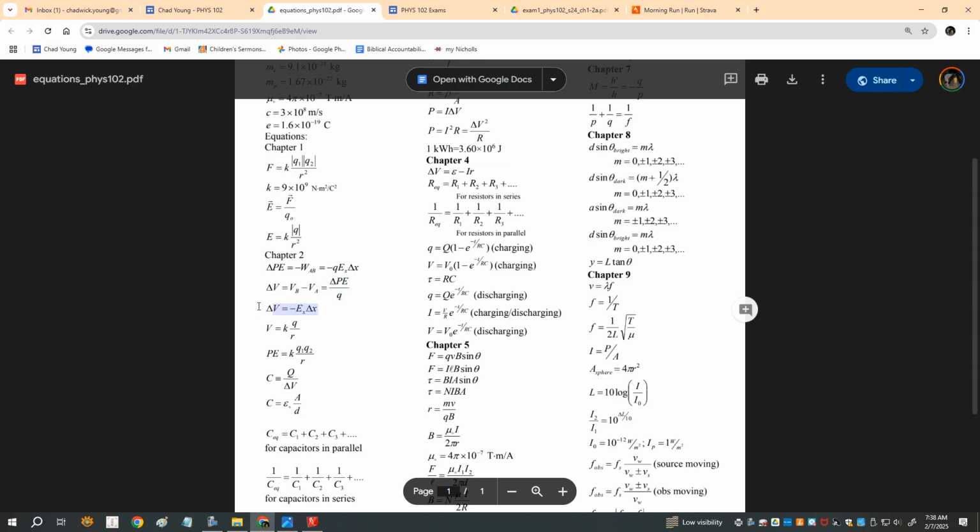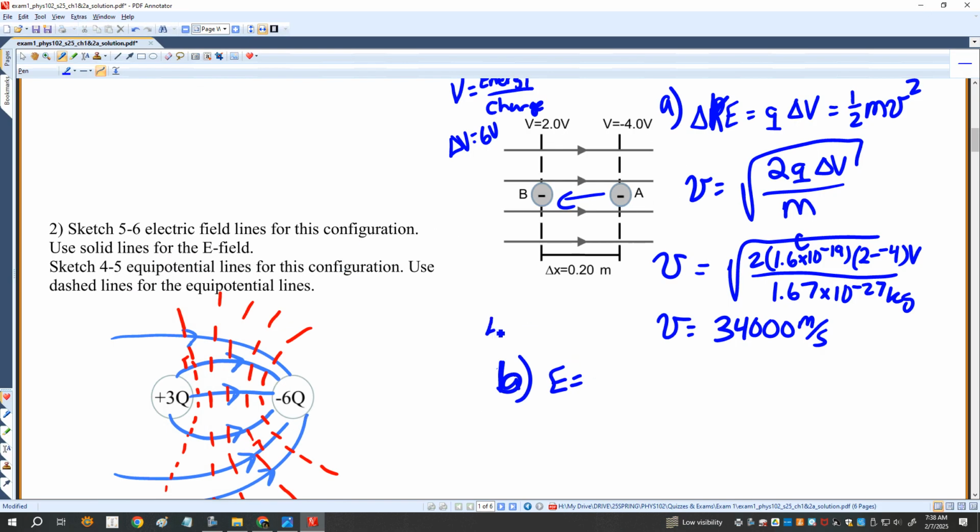Our electric field is related to our potential and our delta x, such that delta V is equal to negative E_x delta x. I'm not concerned so much about the direction here, I'm really just looking for the magnitude of that electric field. In fact, I know the direction of the electric field, so I'm just going to leave off that negative sign. So E is equal to delta V over delta x.